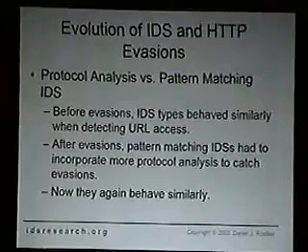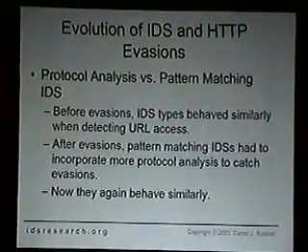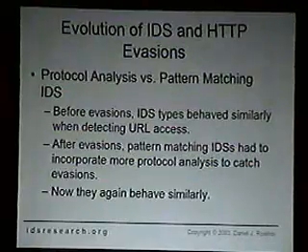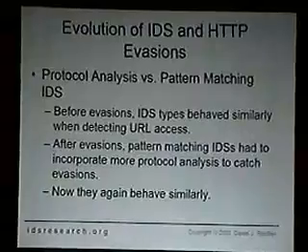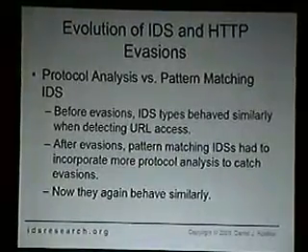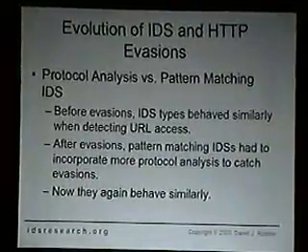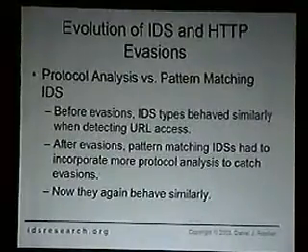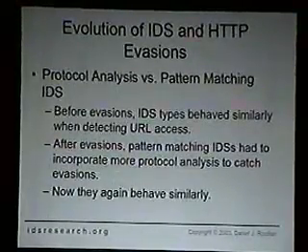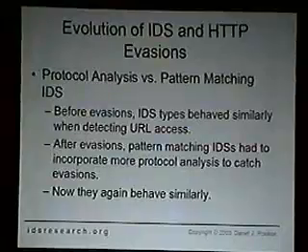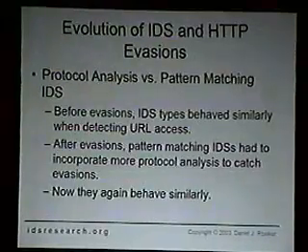So moving on: evolution of IDS and HTTP evasions. We'll start from the beginning here. You have two different types of IDSs, main ones anyway. You have the kind that tout protocol analysis will catch your attack, and the kind that say pattern matching will detect what you want. At the beginning, they behaved kind of similar before any evasions came out.